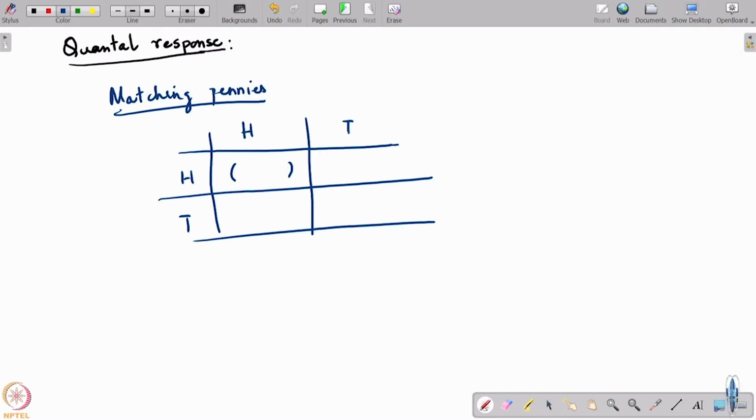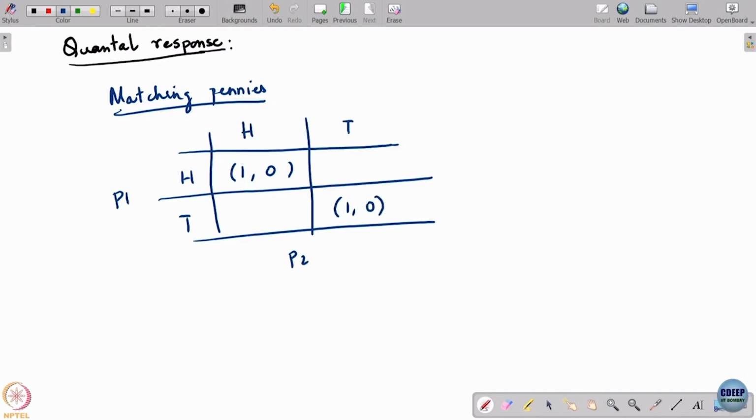If both put heads up, then player 1 gets 1 and player 2 gets 0. So, the row player gets 1, the column player gets 0. If both put tails, then again player 1 gets 1 and player 2 gets 0.